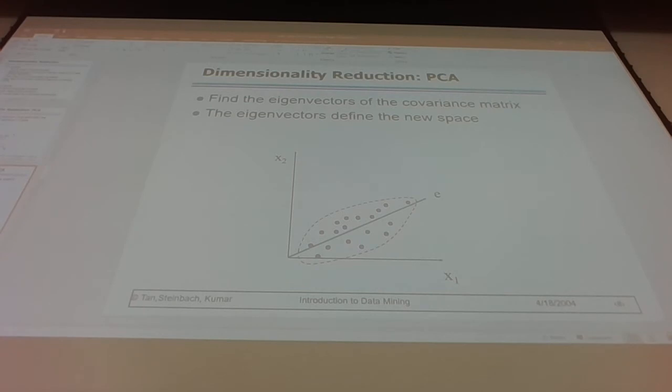So we said you take the covariance matrix and the direction, because eigenvectors are directions. The direction which has the maximum eigenvalue means that in that direction the entire data has the maximum variance. So that direction becomes a representative projection of the data.